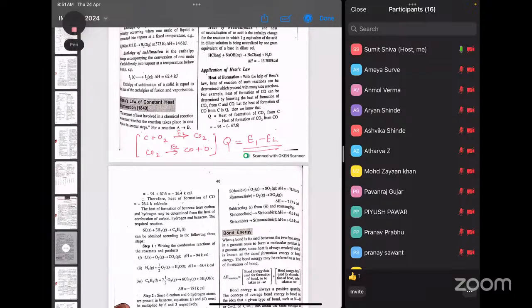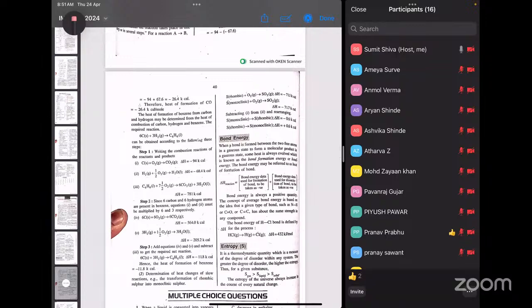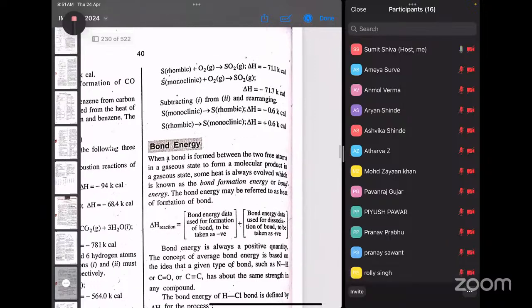Okay. Next point is bond energy. What is bond energy? Bond energy is the energy to break 1 mole of the same type of covalent bond. So if we have 1 mole of the same type of covalent bond and we want to break them, then the amount of energy utilized to break them is known as bond energy.